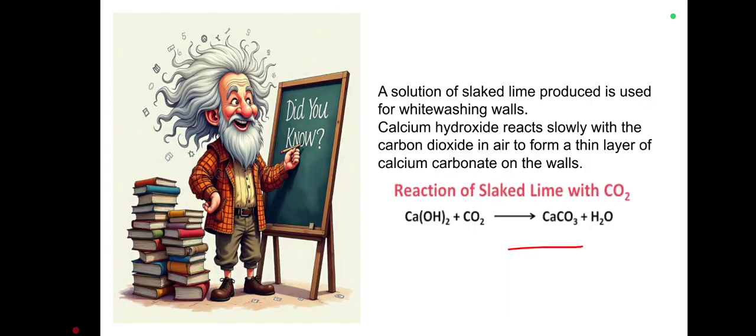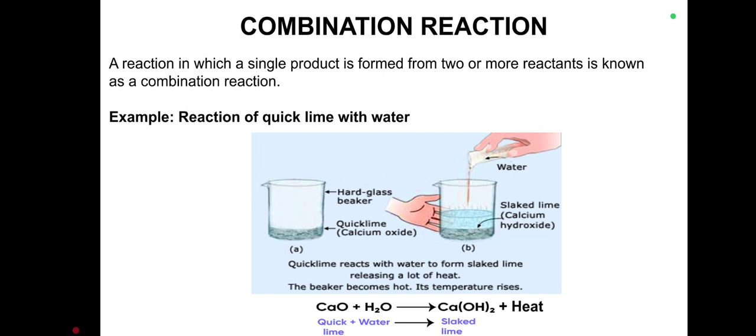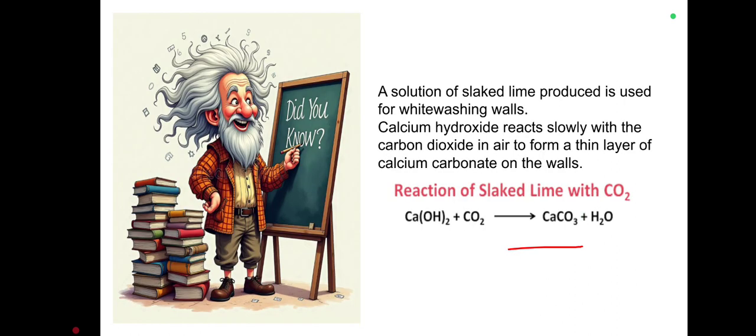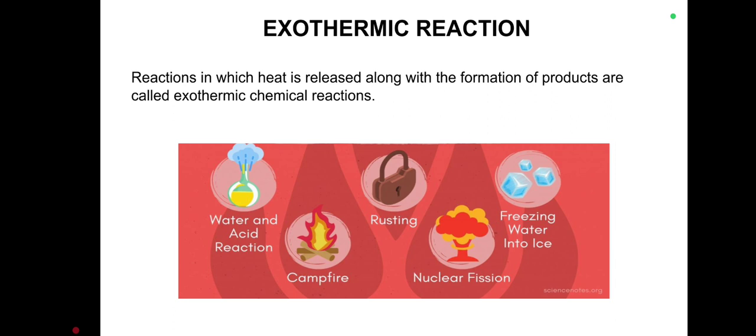So, in the first reaction, that is the reaction of calcium oxide with water, what have we seen? We have seen the evolution of heat, right? That is, heat is getting evolved. So whenever a chemical reaction is taking place and there is a liberation of heat, we call such reactions exothermic reactions.